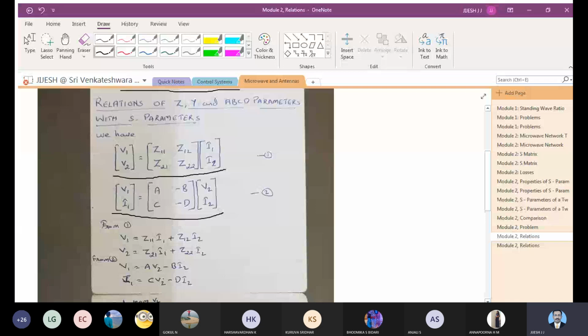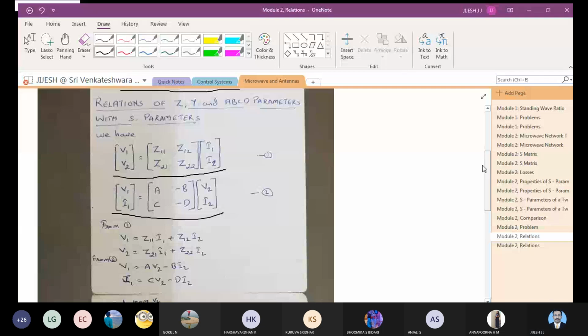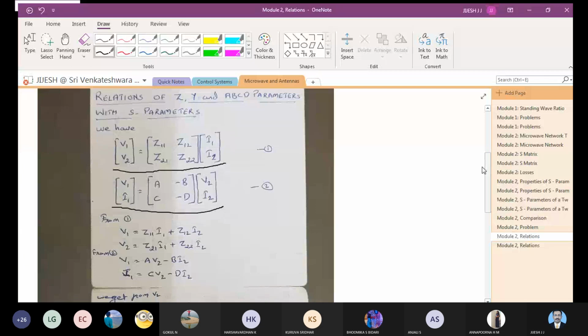Now how to solve these equations we will see. I have written the equations of Z parameters and equations for ABCD parameters. We will see how the relationships can be built.